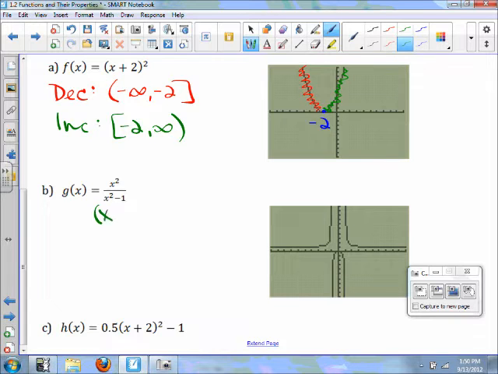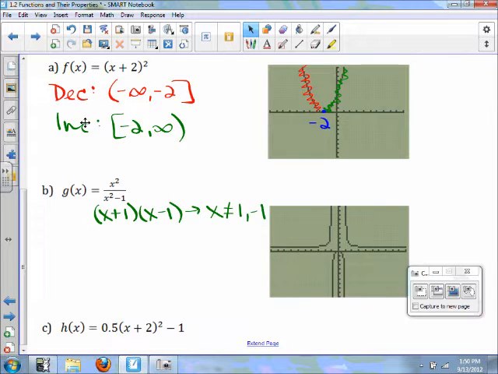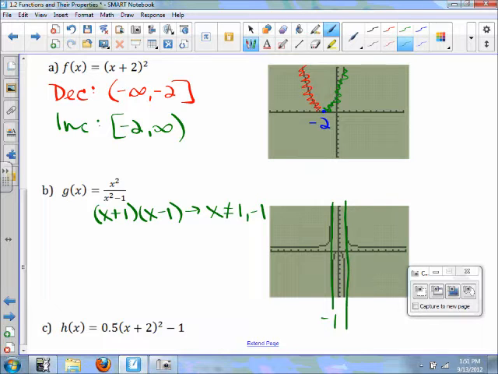From the bottom, we can factor the bottom to x plus 1, x minus 1. So I know x cannot equal 1 or -1. So I know this line here is -1. That line there will be +1. That will help us out on our intervals.